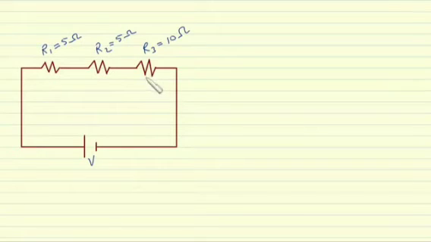Here we can clearly see that these three resistances are connected in series. So students, whenever you see resistances connected in series, all you have to do is write R equivalent, which will be equal to the sum of all the resistors connected in series.